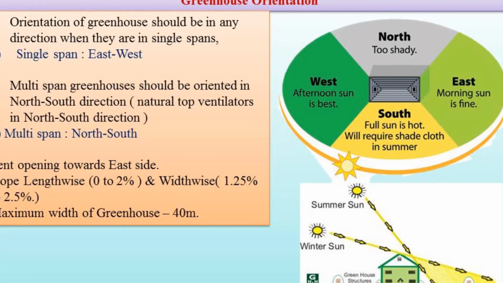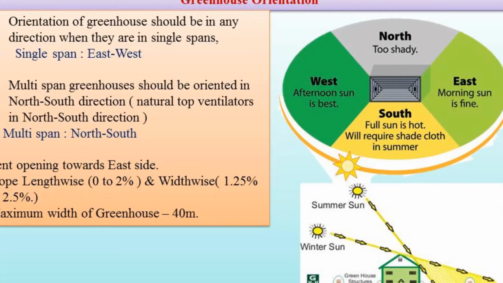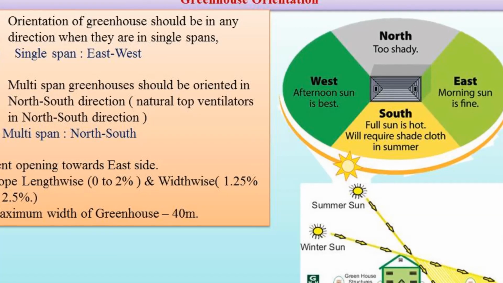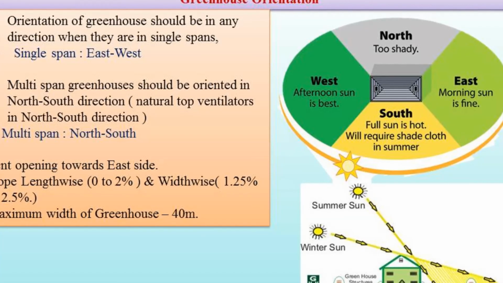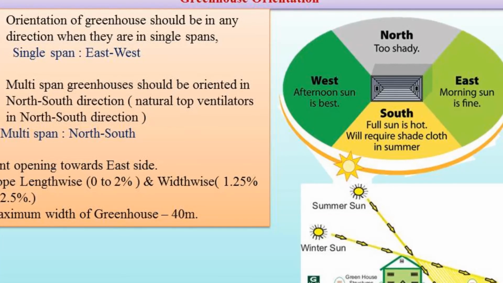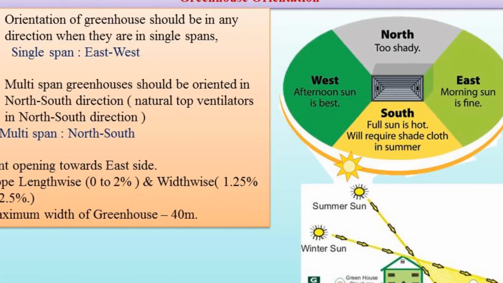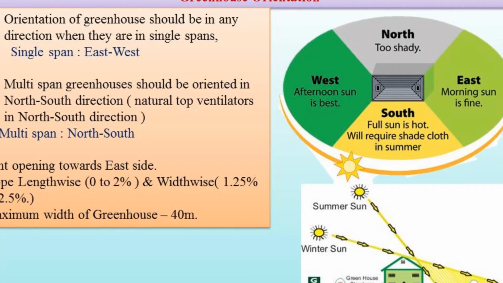polyhouse. Generally, in a freestanding greenhouse, that means single span type of greenhouse, more sunlight is available in the winter season. Therefore, orientation of this type of greenhouse should be in east-west direction.